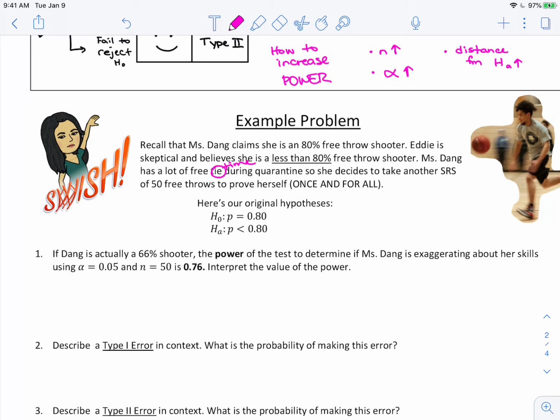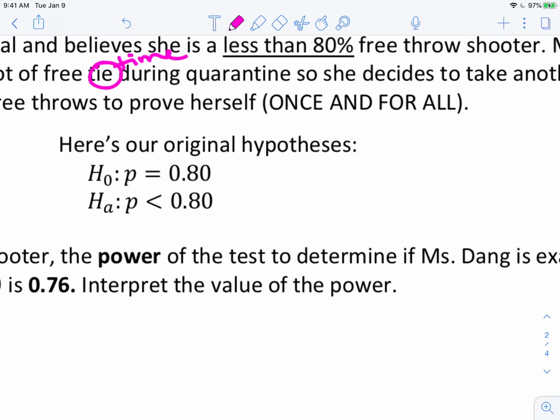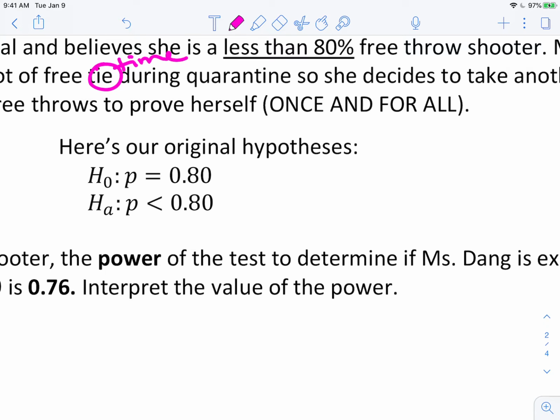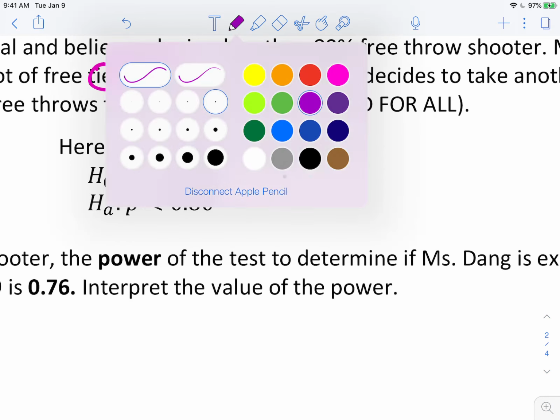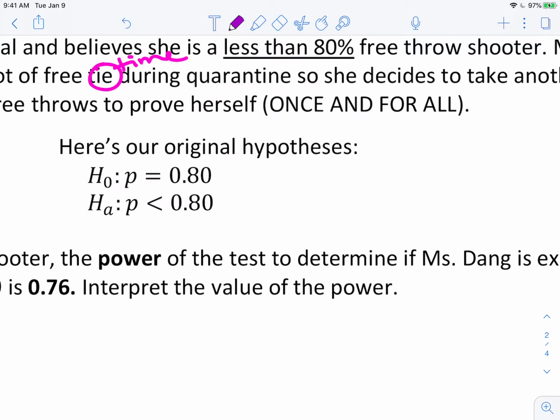So here's our original hypothesis, and let's write these in words. The H0 of p equals 0.80, that was me being truthful, because I told you guys I'm an 80% shooter. If we find out I'm an 80% shooter like this null, that means I was telling the truth.